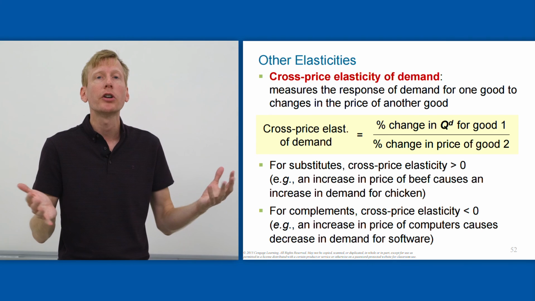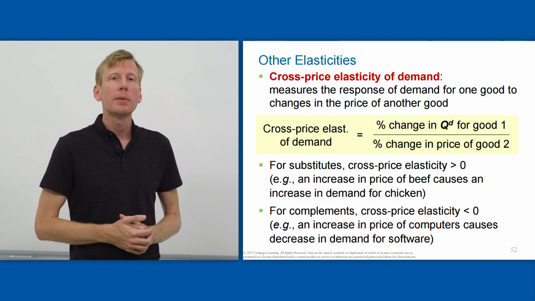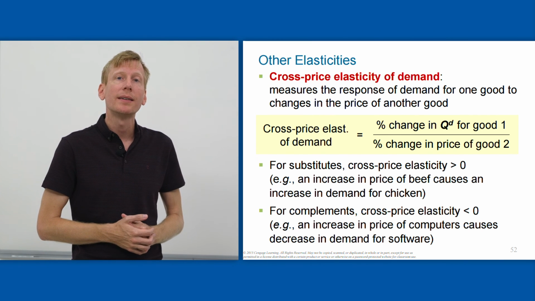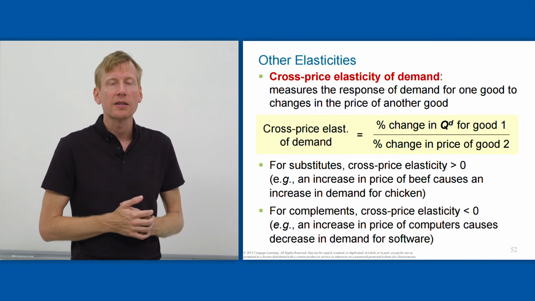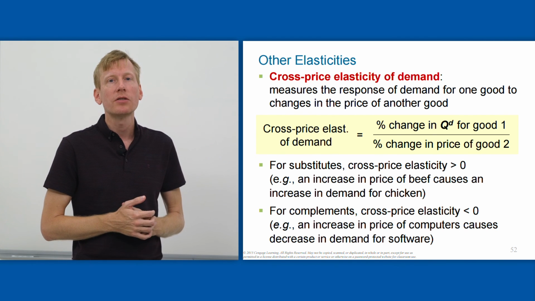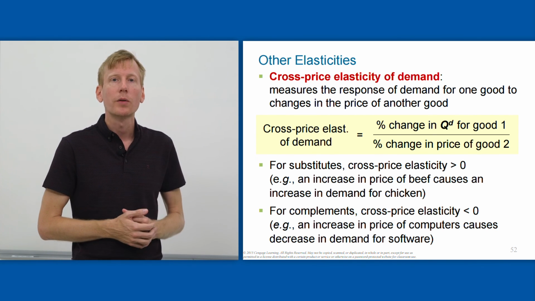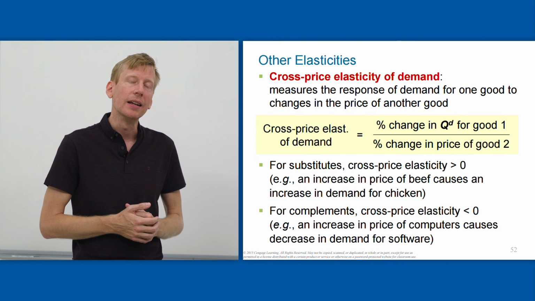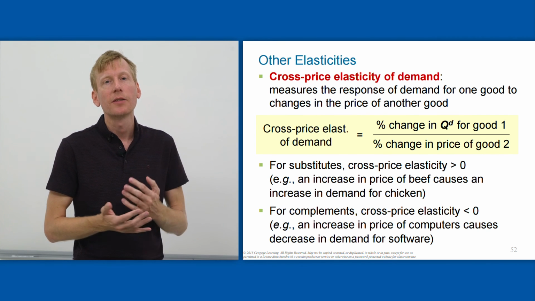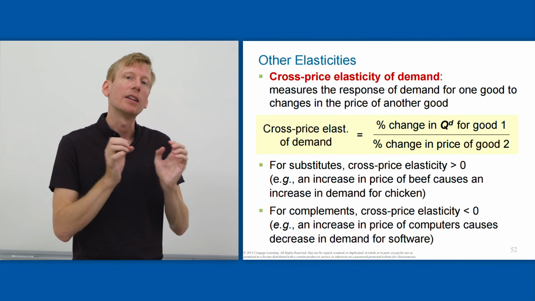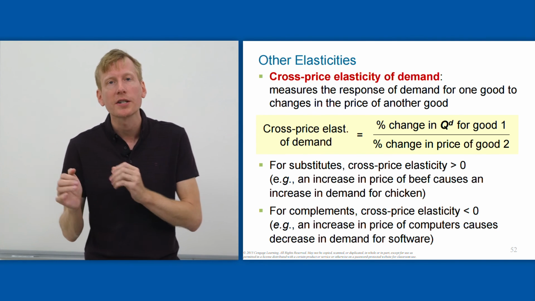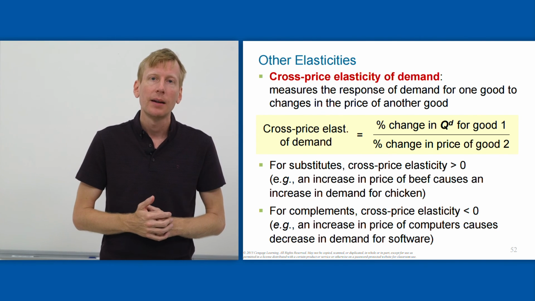It's the price of some other good. So we might be looking at the responsiveness of the quantity demanded for bread, not to the change in price of bread, but to the change in price of tea, or the change in price of honey, or to the change in price of meat. Since it's a different price, it's not the own price, it's a cross-price elasticity.